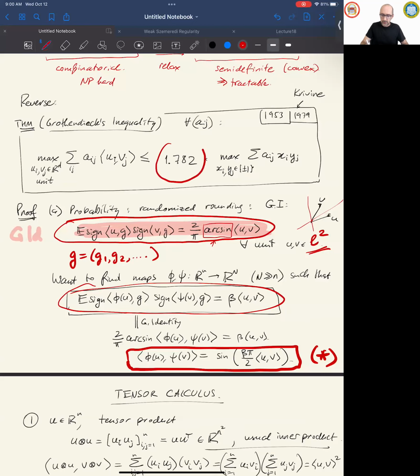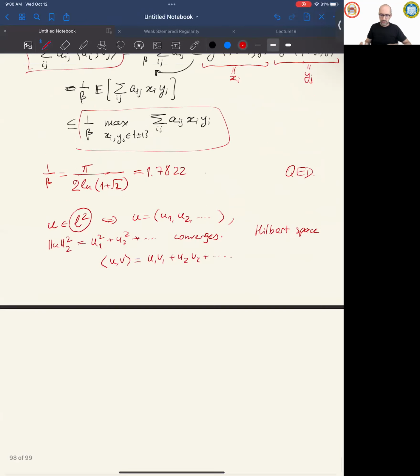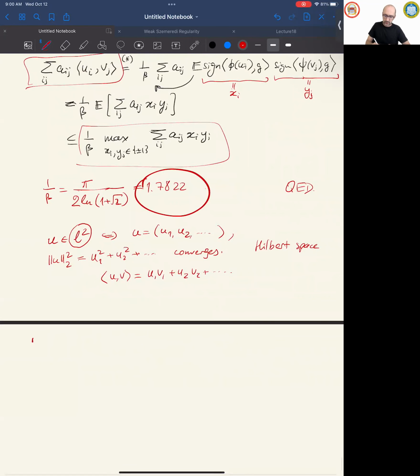So this constant in Grothendieck's inequality, 1.78 to 2, whatever, this log constant called Krivine's constant, who basically gave the proof that we gave today. Is it optimal? No, it's not optimal.